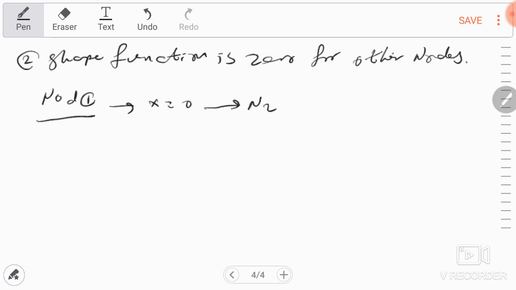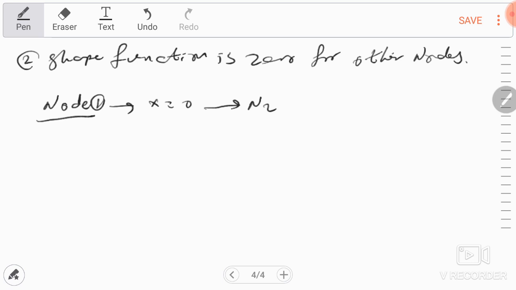For criteria number 2, if we want to work on the node number 1, you will work on node number 2, or actually substitute your value in node number 2.